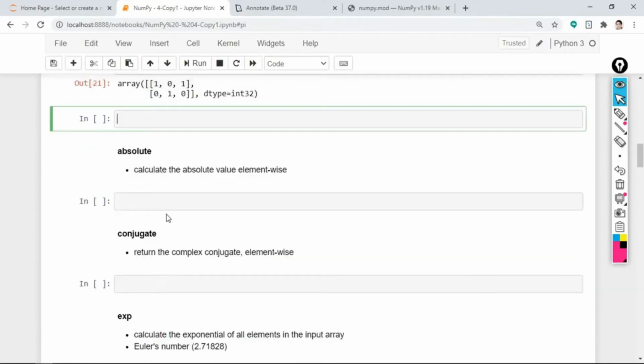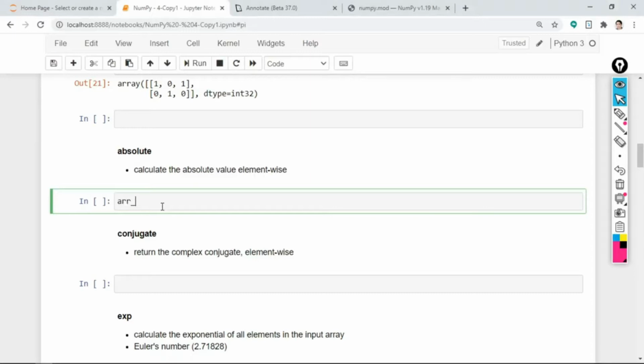So we have also the absolute value. For this one, let us define another array, array2, composed of different values, specifically negative numbers. I will not reshape this array anymore. I will directly define this as a 3 by 3 matrix. You indicate it by 2 square brackets if you want to create a multi-dimensional array.